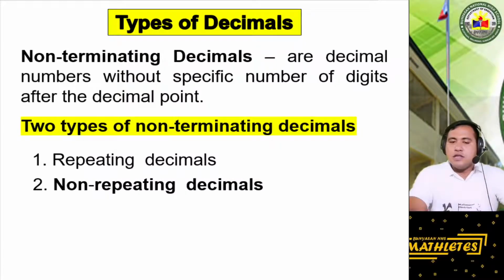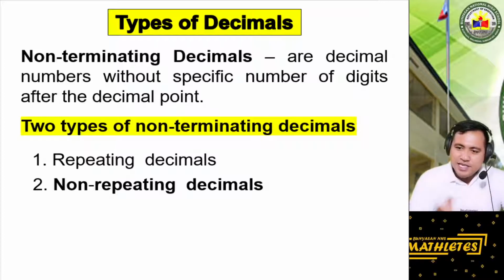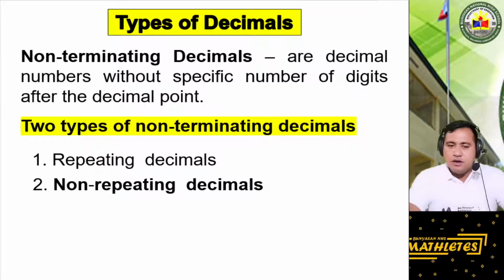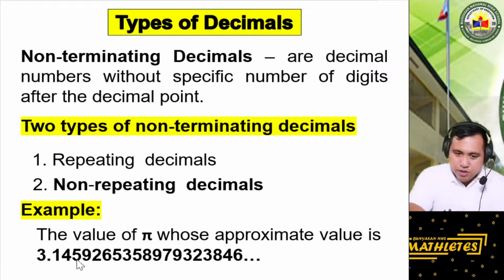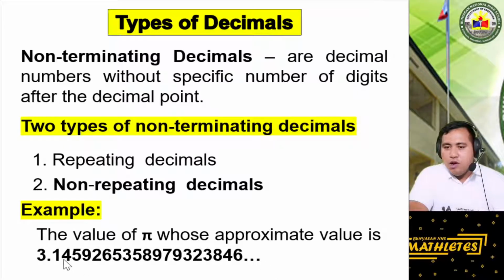So, another type of non-terminating decimal is non-repeating decimal. Dili siya magbalik-balik pero way kahumanan. For example, the value of pi whose approximate value is 3.14159265358979323846, and then three consecutive dots. Pasabot naa pay sumpay, pero as we observe, walay nagbalik-balik.